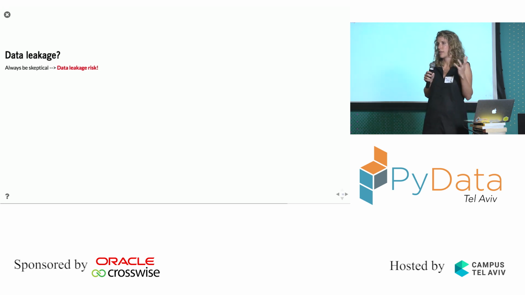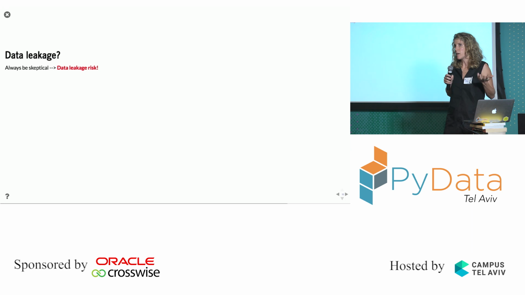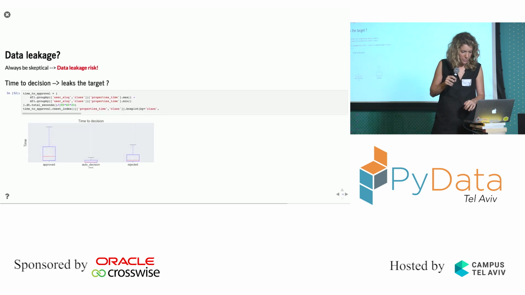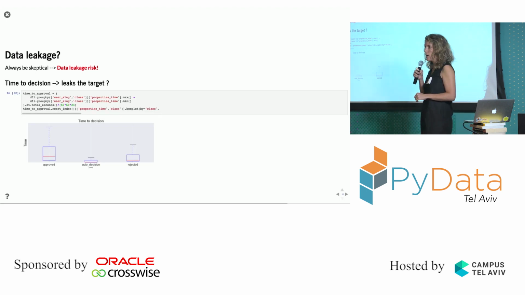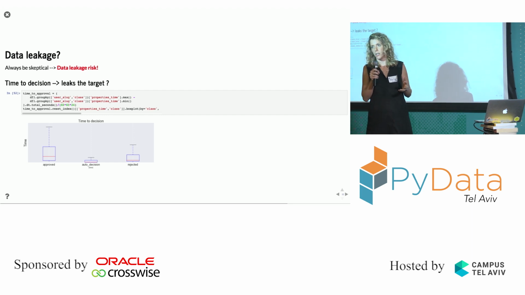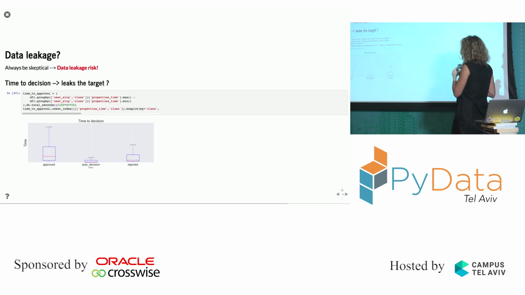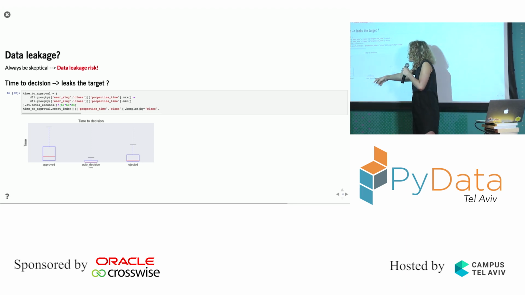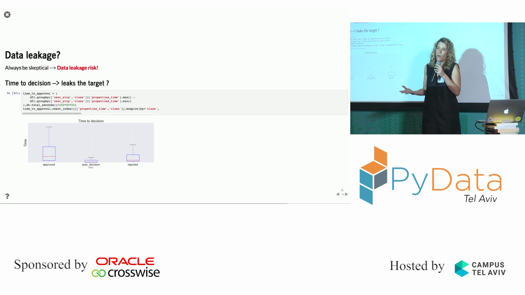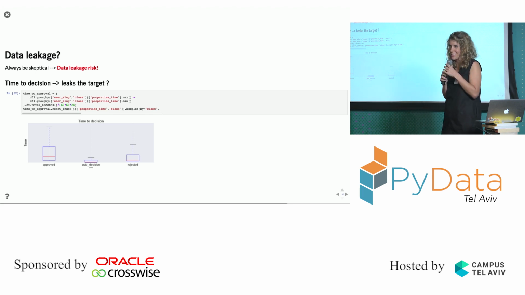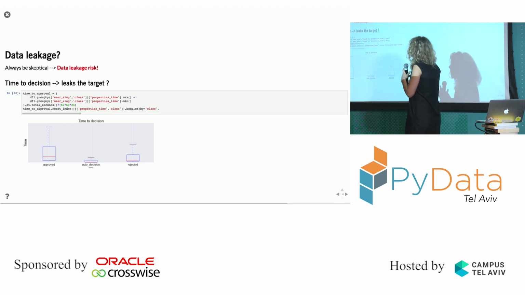And then I thought, after I built all these features, maybe some of my features are not right. Maybe they are somehow leaking the target. And one interesting thing that I saw, when I looked at this time to decision, is that it can maybe leak the target, because if you look at the approved and the rejected users, if you look at the decisions which are automated, of course, the decision time is very fast, because this is some model that runs and just says yes or no. But if you look at the decisions which are not automated, the time to decision is somehow larger for approved users.